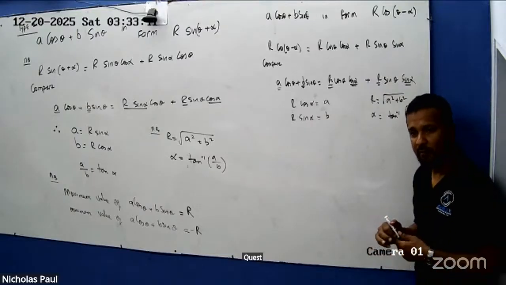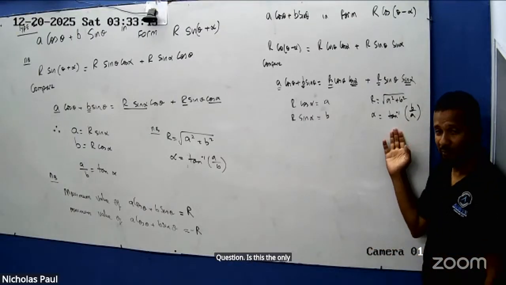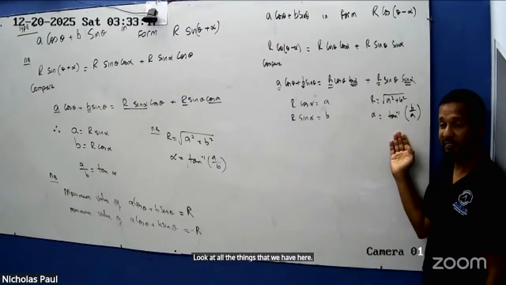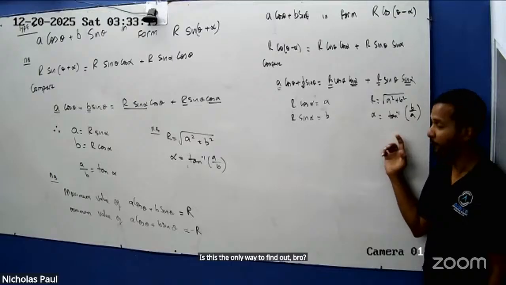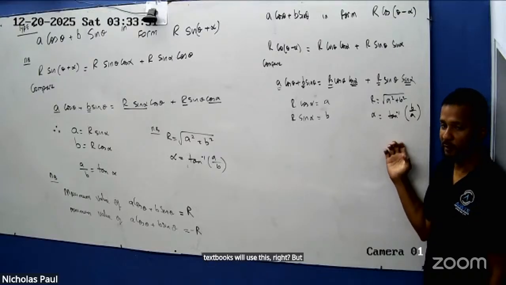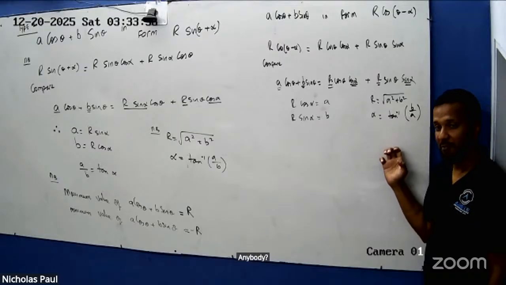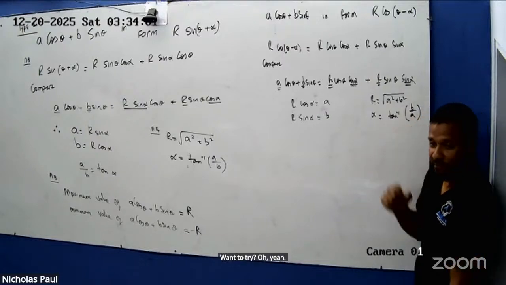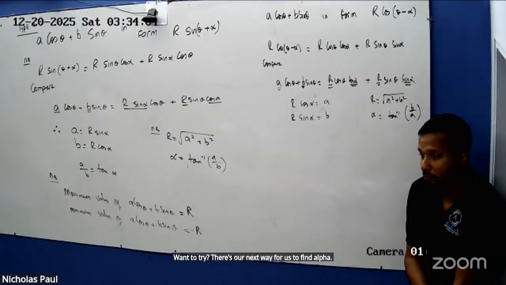Question. Is this the only way to find alpha? Look at all the things that we have here. Textbooks will use this, right? But there's another way as well. There's another way for us to find alpha.